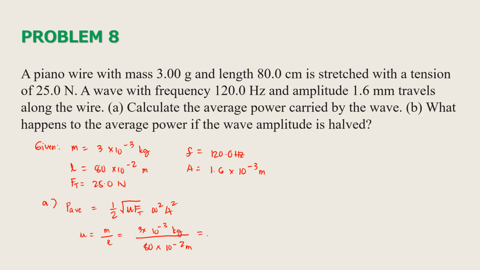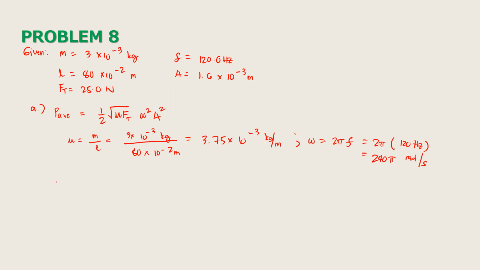So we have mu equals 3.75 times 10 to the minus 3 kilogram per meter. And then we can also get omega through this equation, 2 pi f. So we have 2 pi multiplied by the frequency, which is 120 hertz. So we have 240 pi radians per second.